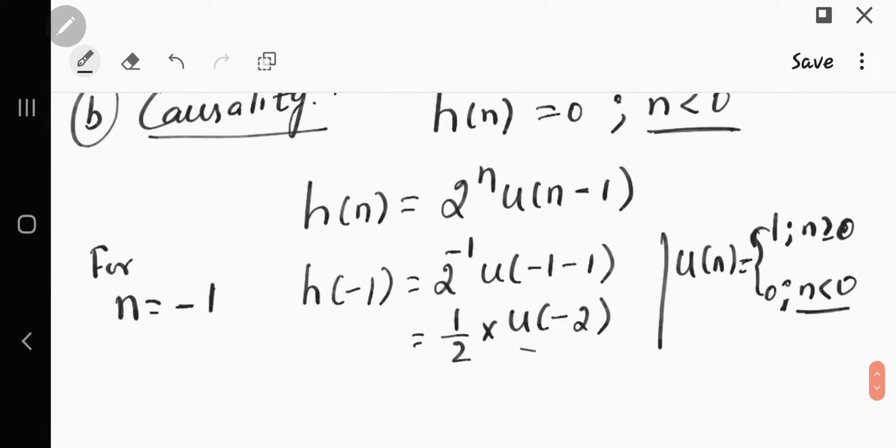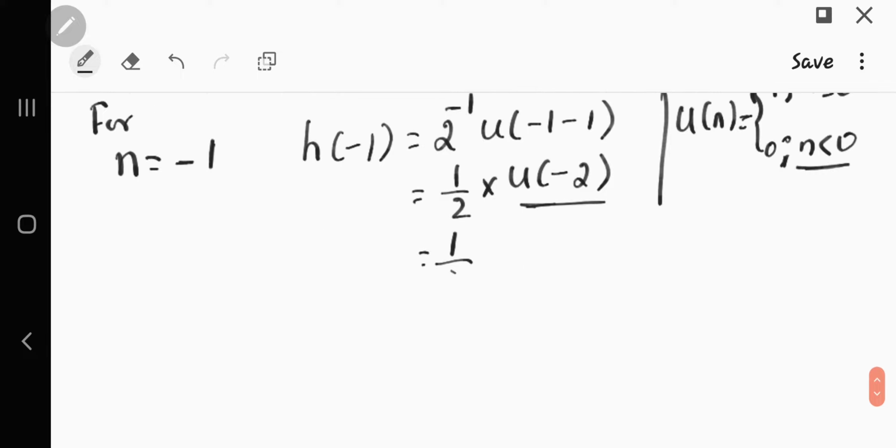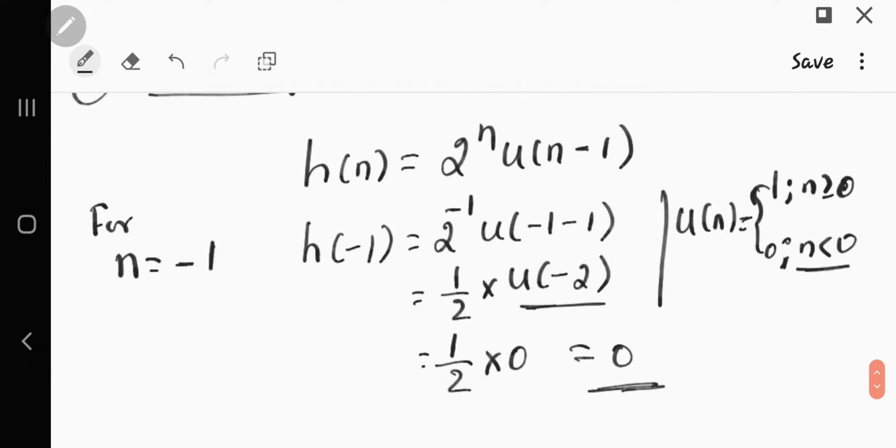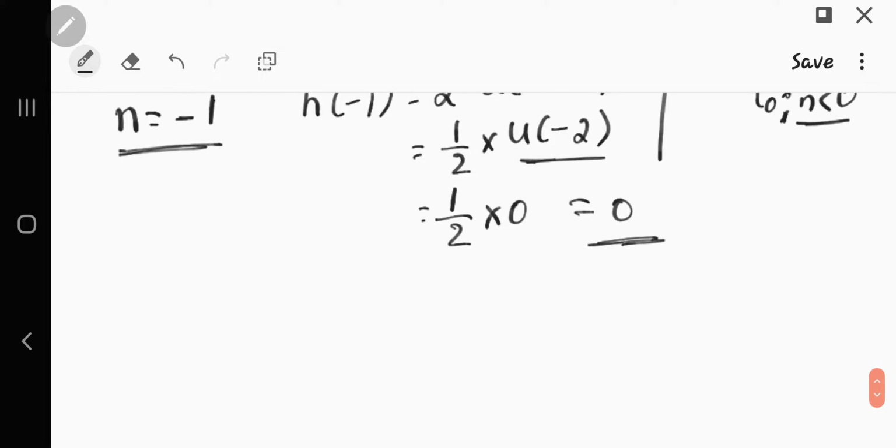So u of minus 2 is 0. That gives us 1 by 2 into 0, that is equal to 0. So the impulse response h of n is 0 for n less than 0. That means the system is satisfying the condition of causality. So therefore we can write it, the system is causal.